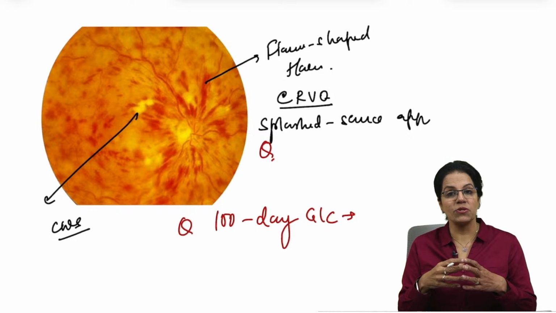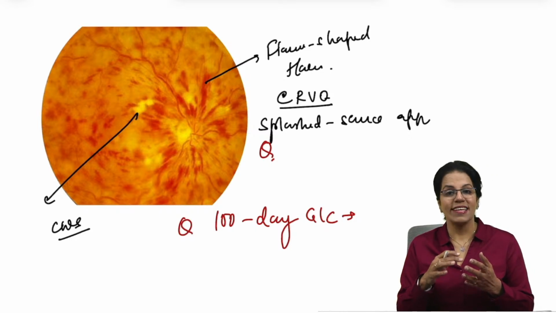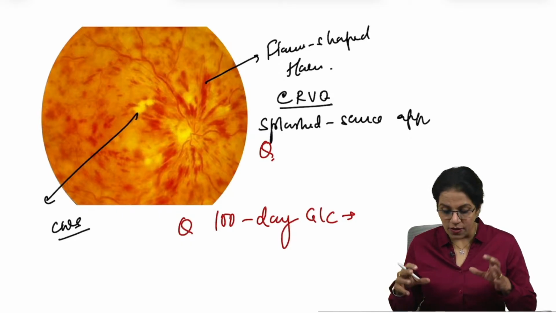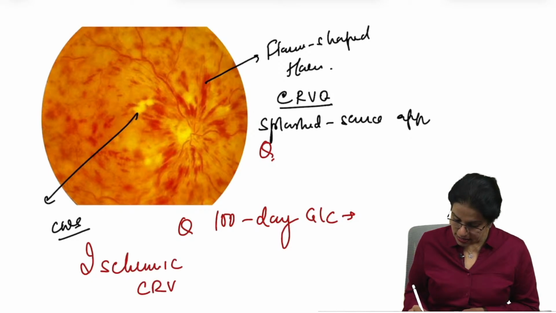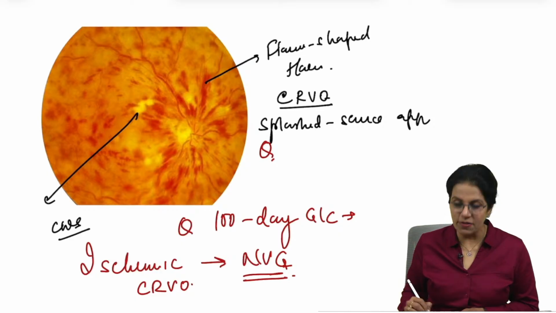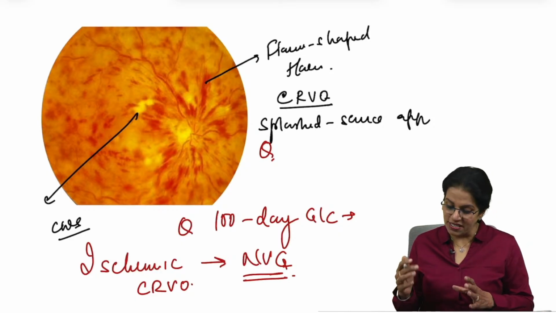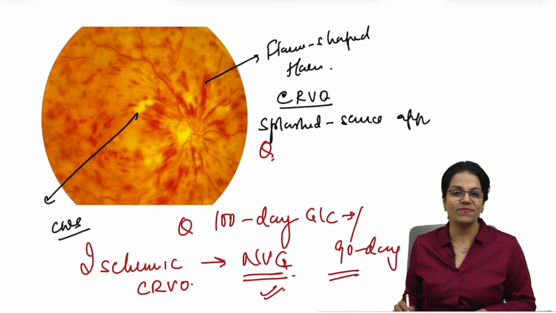And this neovascularization can complicate as vitreous hemorrhage, then second was tractional retinal detachment, and neovascular glaucoma. So in CRVO, especially the ischemic type of CRVO, this neovascular glaucoma occurs exactly after 100 days. Sometimes we also call it 90-day. So they are not different, it is the same. So this is what is called 100-day or 90-day glaucoma, which is the neovascular glaucoma.